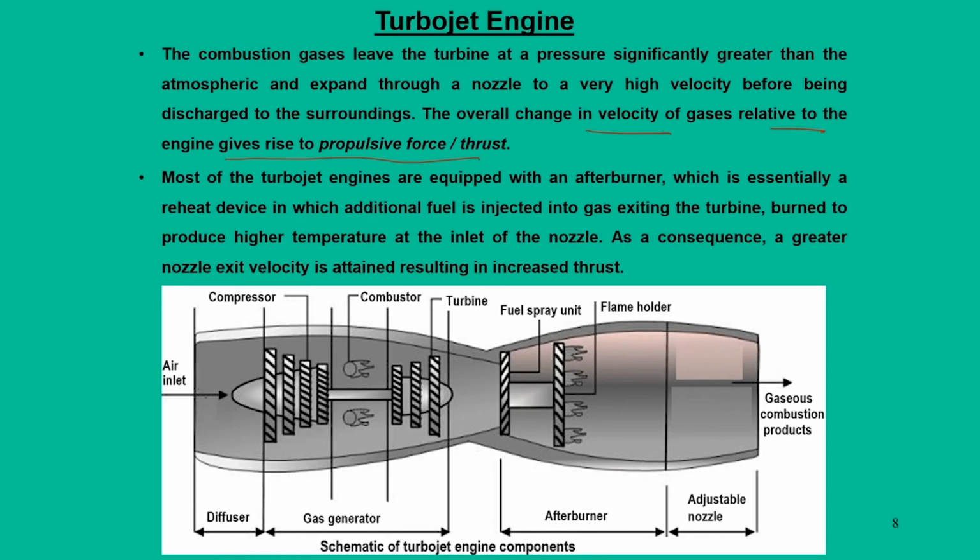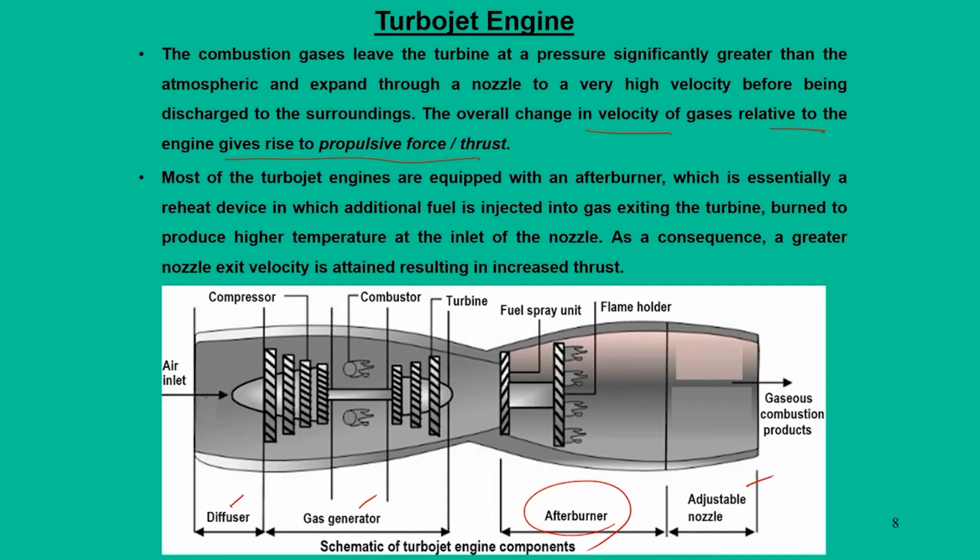But there are some advanced turbojet engines. We have similar components like diffuser, gas generator, nozzle, but additionally we have some units like the afterburner. The role of the afterburner here: it should be emphasized that jet engines are mainly intended for thrust, so we require efficient usage of fuel.